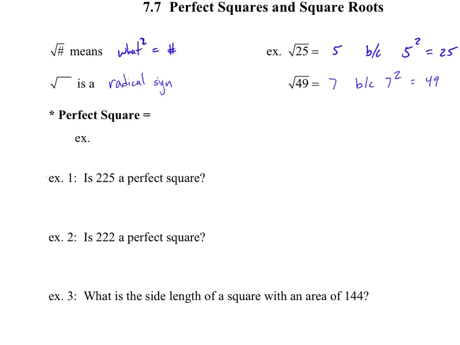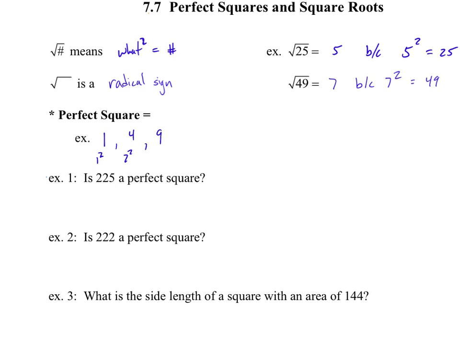There are these things called perfect squares. We'll write our definition in a second, but sometimes it's easier to do the example first. The number 1 is a perfect square because 1 times 1, 1 squared, equals 1. The number 4 is a perfect square because 2 squared equals 4.